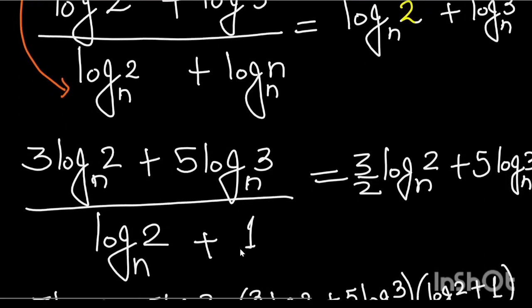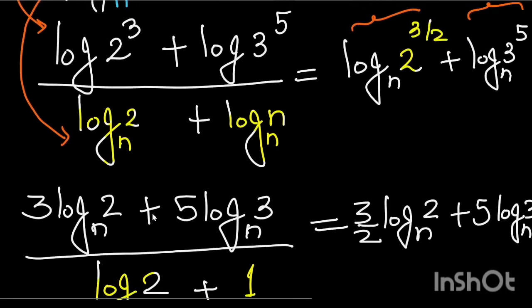Now in the next step, log n base n would be written as 1, and log 2 base n is as it is. Now as you can see, log 2 cube would be written as 3 log 2 base n, and log 3 to the power 5 would be written as 5 log 3 base n, using what guys?